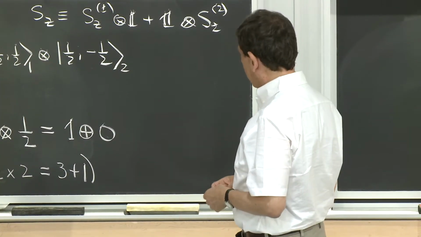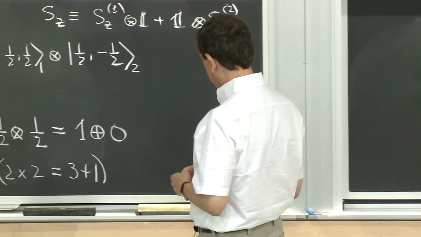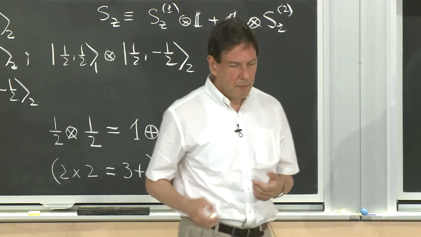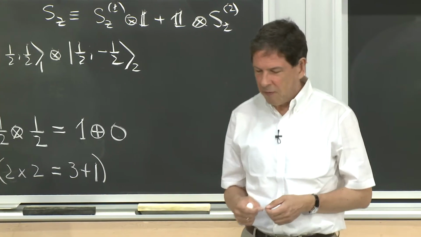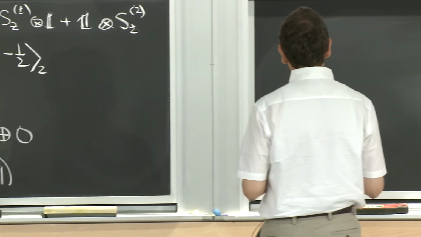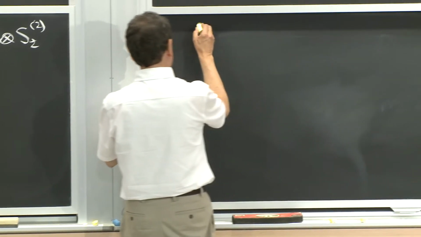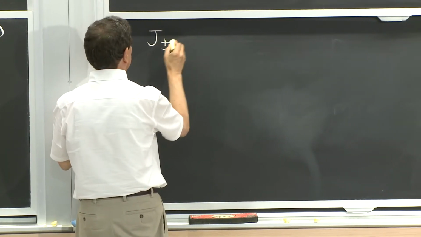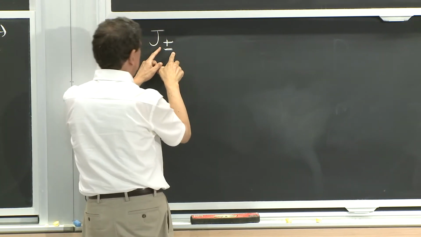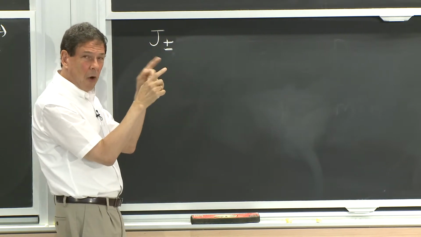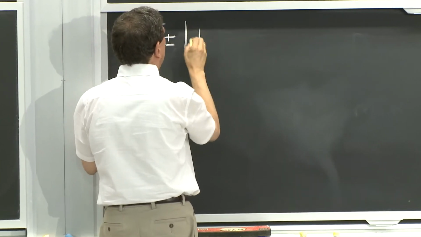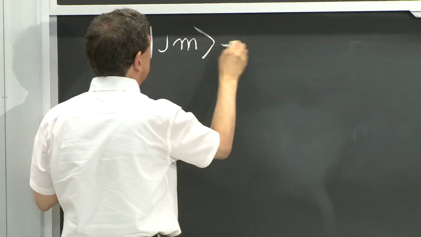In order to carry out this computation, we recall a very important formula that tells us how raising and lowering operators, J in general, for any angular momentum, orbital or spin, act on J m states.